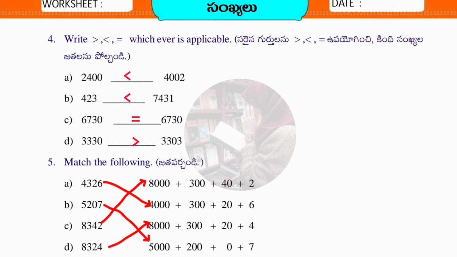Its expanded form is 8000 plus 300 plus 40 plus 2. First one. Next last one is 8324. Expanded form is 8000 plus 300 plus 20 plus 4, which is C.